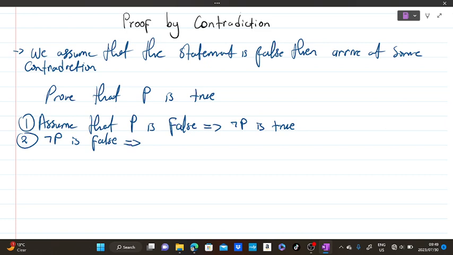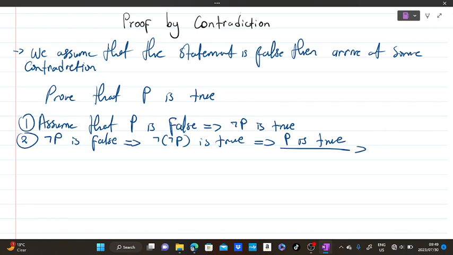When you say not P is false, according to double negation, not P being false is the same as P being true. So you end up saying that your P is true. So we have proved this statement by contradiction.